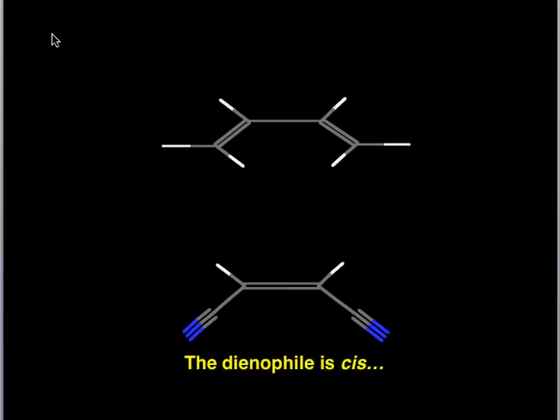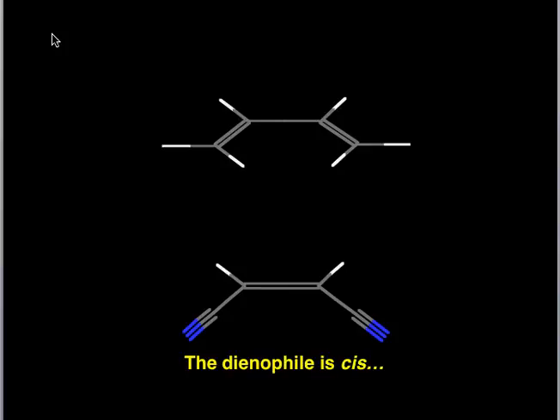We have a dienophile down here, and we have a diene. Now, I have drawn my dienophile in a cis configuration. Both of these are nitriles. Electron withdrawing groups work really well for dienophiles.